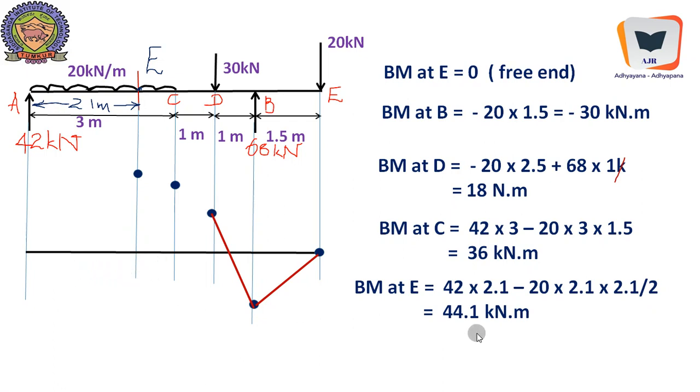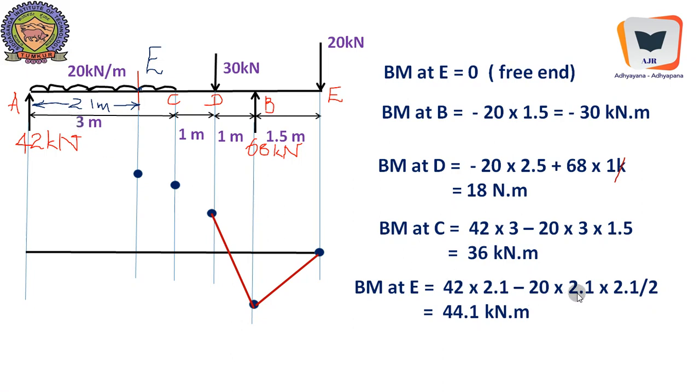Just now we have located the place of shear force becoming 0. It is at a distance of 2.1 meters from the left support. So it is 42 into 2.1, reaction into 2.1, which is sagging, minus 20 due to UDL acting over the portion of 2.1 meter, a span of 2.1 meter.